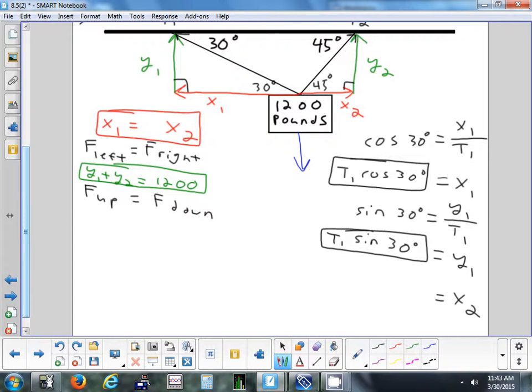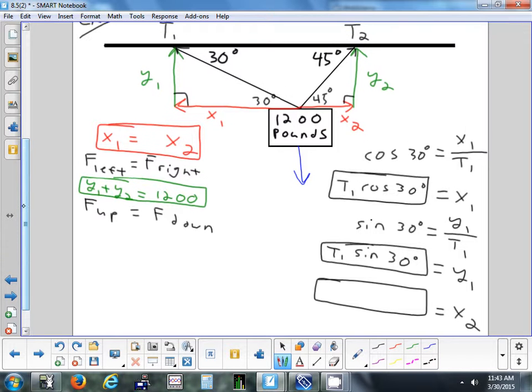James, do you see what x2 would be? T2 cosine 45. Good. So it would be T2 cosine 45.